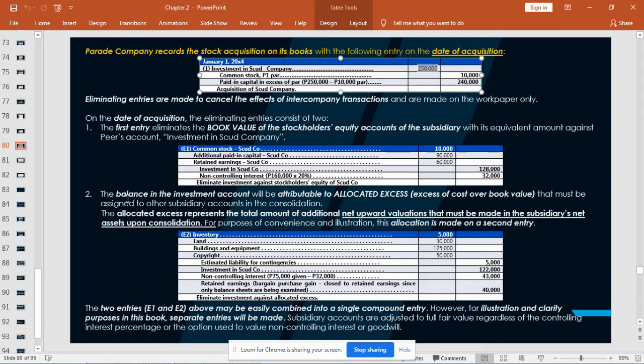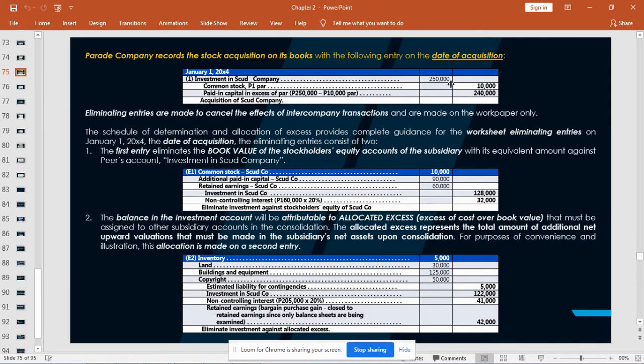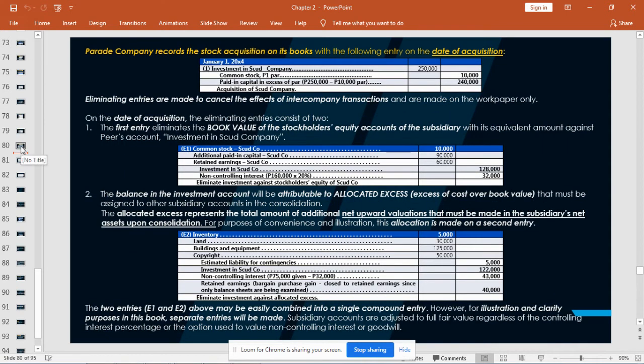Okay? Right? So kung titignan natin yung elimination entry natin kanina, our first and second elimination entry would be the same. Tama? Tama ba?